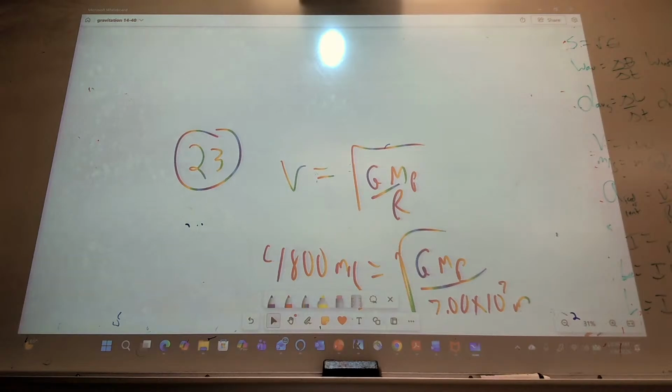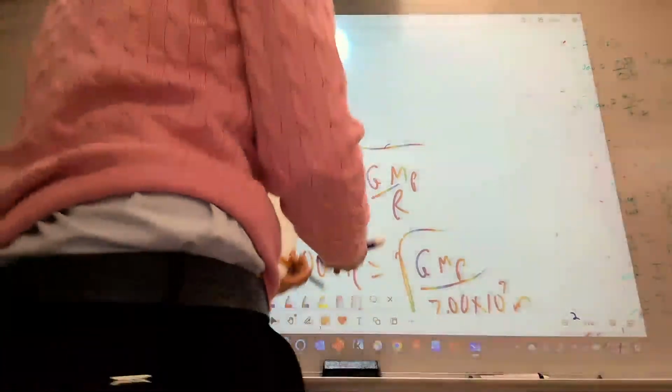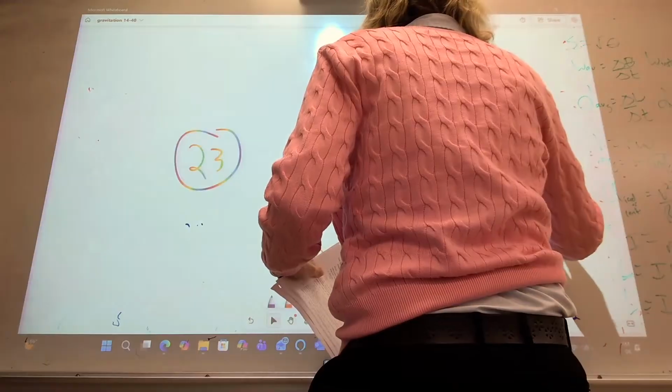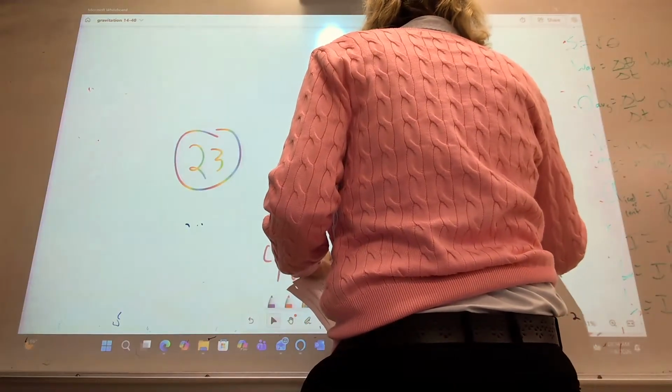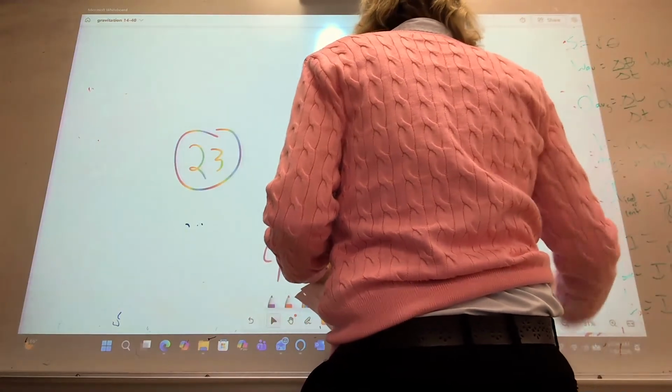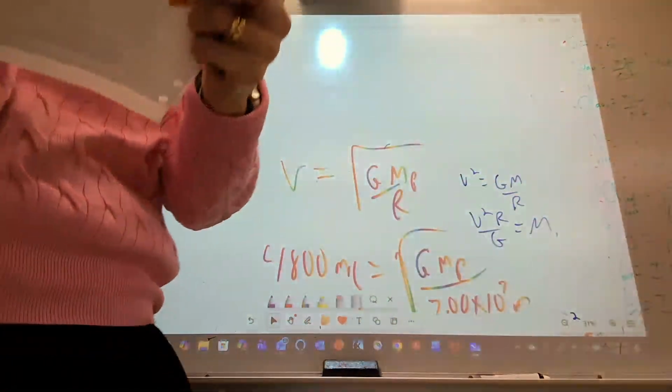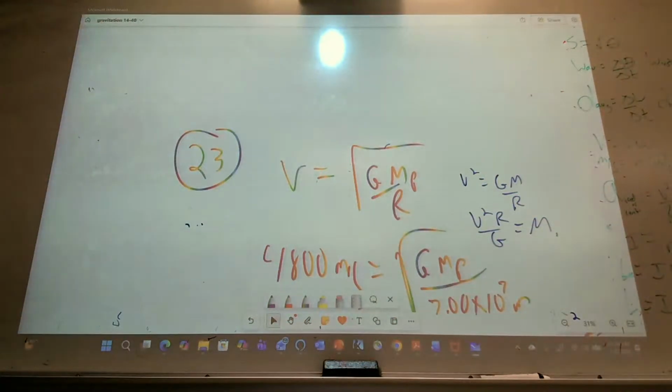Again, we isolate that M. So I have v squared is equal to GM over R. v squared R over G is equal to M. I just plug in and solve. Once we have that, we can get the speed of the other satellite because we'll know the mass using the same equation.